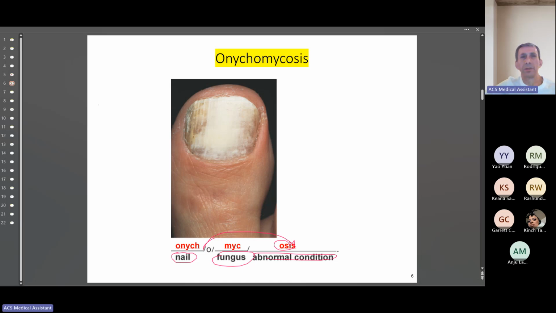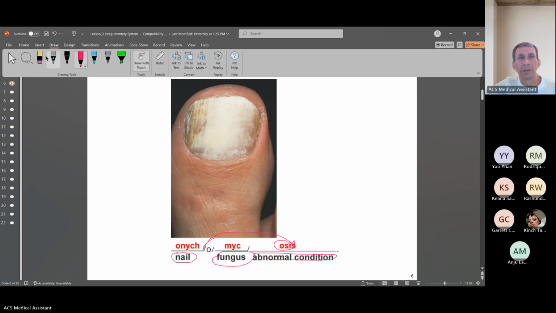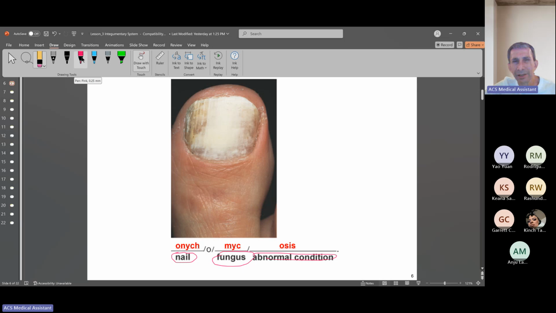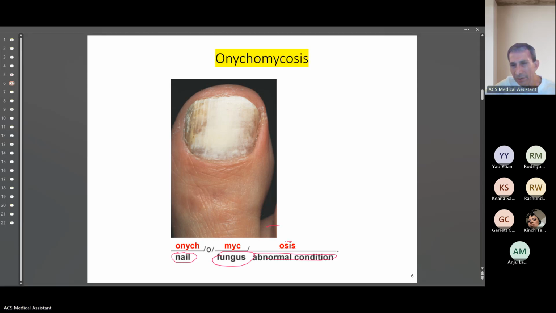Oh, wait a minute, what I did here. This is an abnormal condition of fungal in the nail. See, right here, we have to move this a little bit around. This is abnormal condition of fungus in the nail, not nail in the fungus. It doesn't work that way.